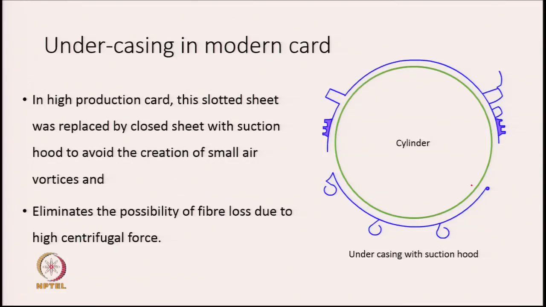With the modern card, the slotted sheet was replaced by a closed sheet with a suction hood to avoid creation of small air vortices, and this will eliminate the possibility of fiber loss due to high centrifugal force.